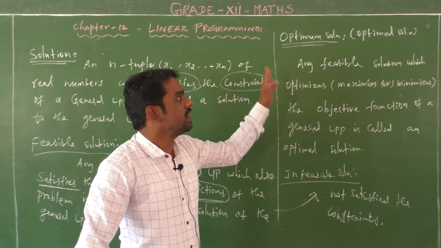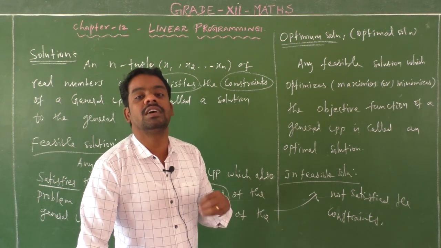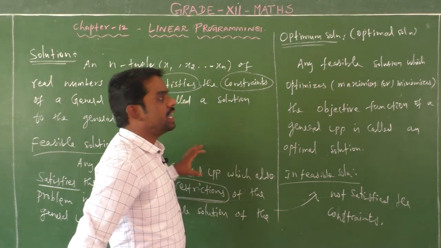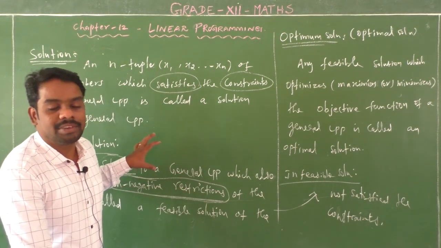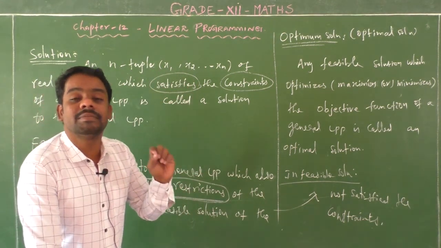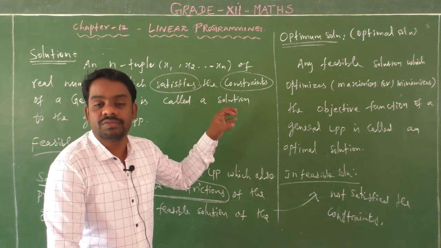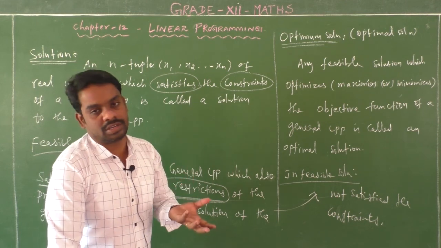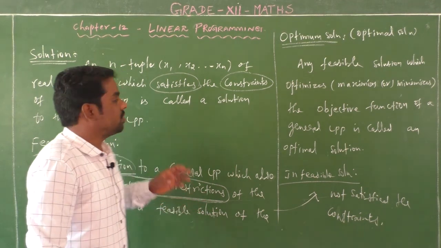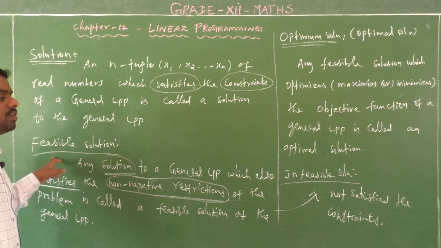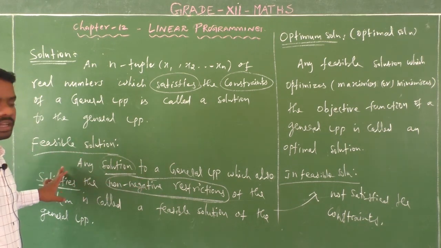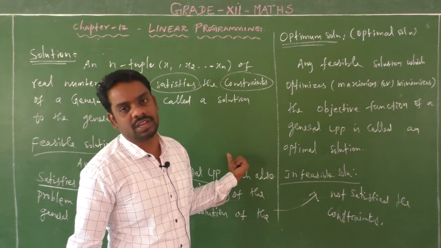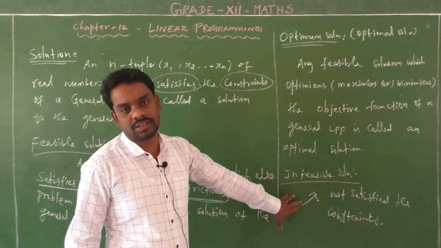And another one, optimum or optimal solution: any feasible solution which optimizes, that is gives the maximum or minimum of the objective function z, is called an optimum solution. Constraints satisfied, feasible solution; constraints not satisfied, infeasible solution.